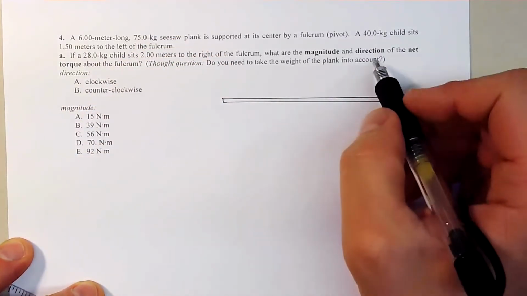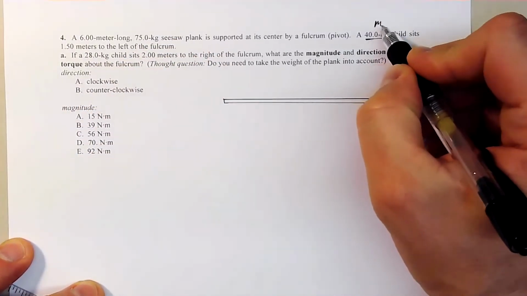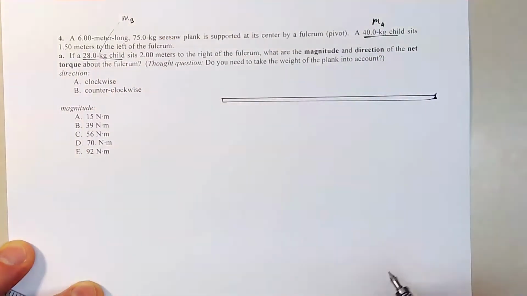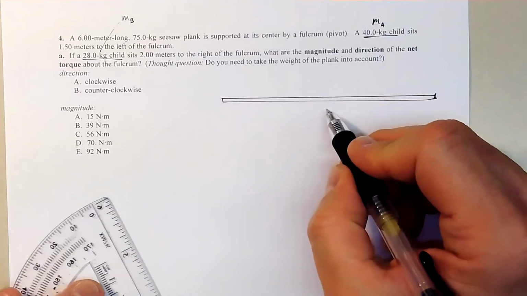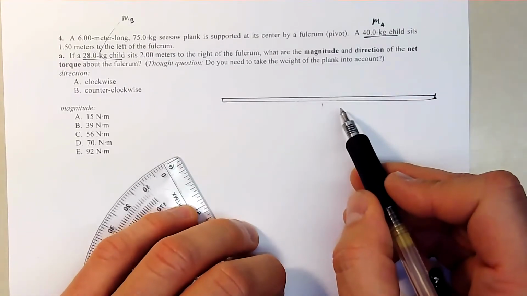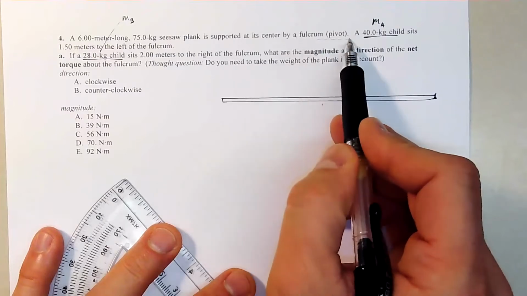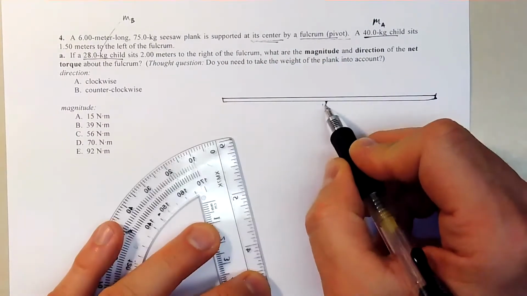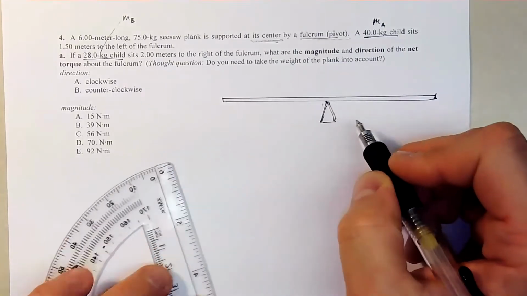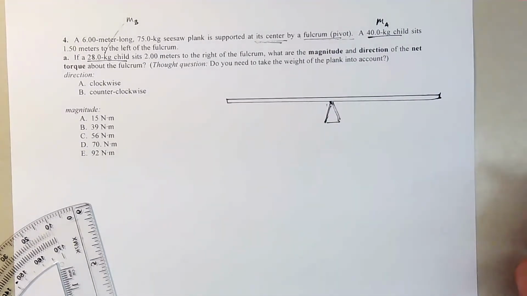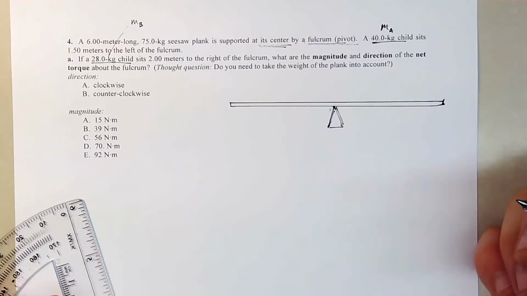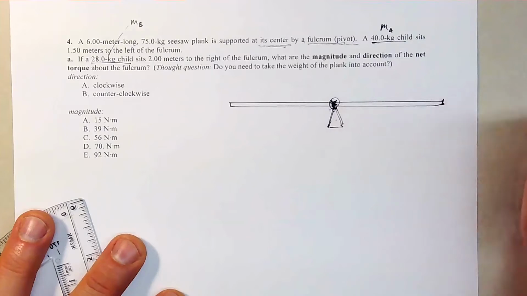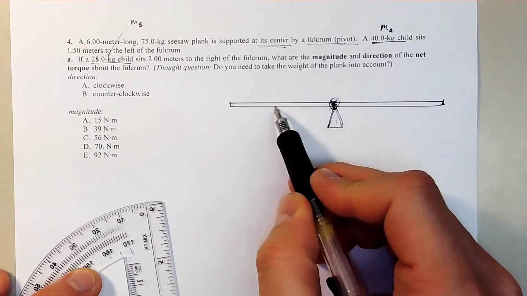So we'll call them child A and child B. We'll call this child A. And we'll call that child B. Now, we're told that in this problem, the fulcrum is exactly at the center of the seesaw plank. So that's not going to be the case for every question. In fact, there are going to be some questions where you're allowed to position the fulcrum wherever you want. Right now, what that means is the center of mass of the plank is right here, right above the fulcrum.